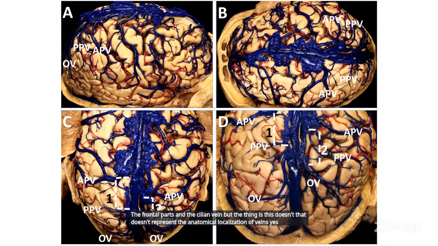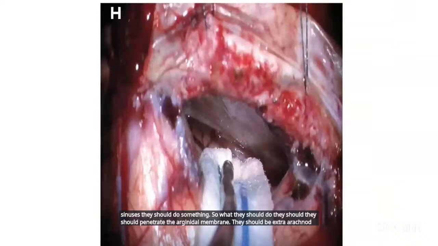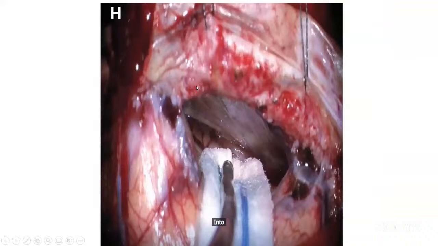Yes, the topography is right, but first things first, we should understand that the superficial veins mostly go through the intraarachnoid space. So when they try to move along into the dural sinuses, they should penetrate the arachnoid membrane. They should become extraarachnoidal. Then they should go into the dural sinuses, as we see here.